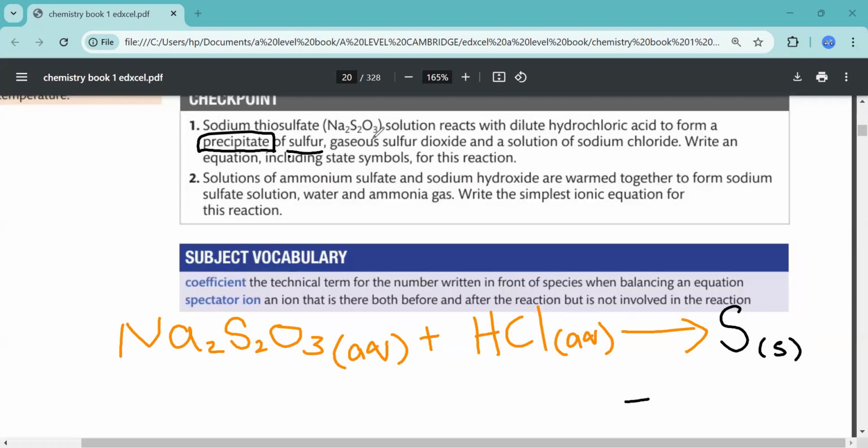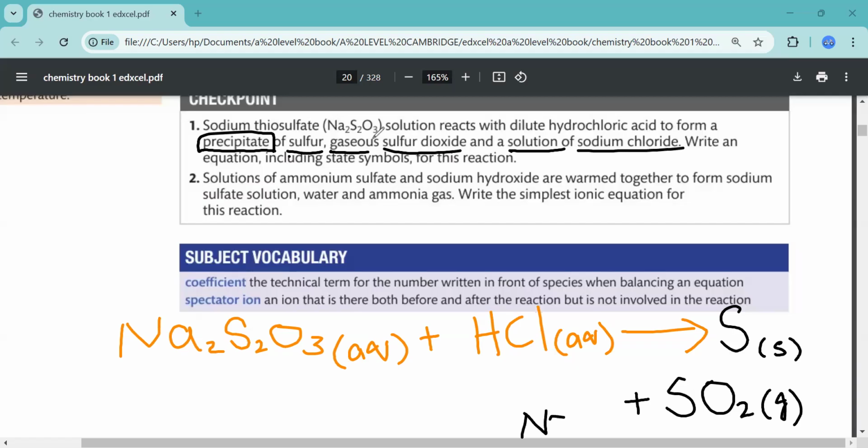The next product is a gas, which is sulfur dioxide. Sulfur dioxide means two oxygens attached, and it's in the gaseous state. That's the second product. Now the third one is a solution, meaning it's in aqueous state, and it's sodium chloride. So we will write down the third product, NaCl, aqueous, like that.